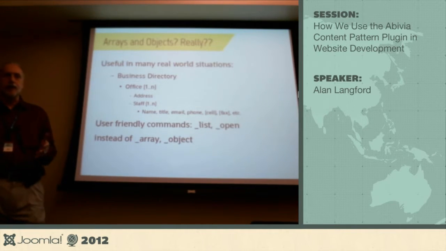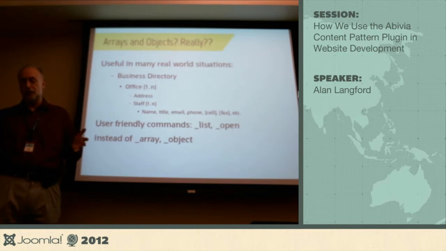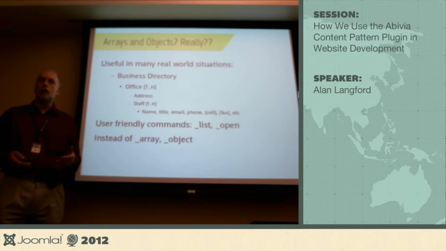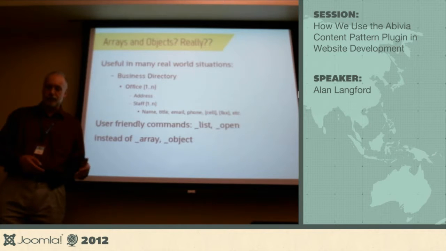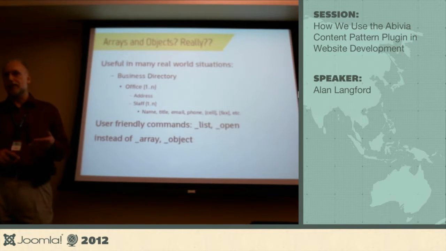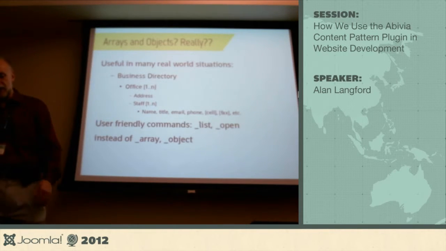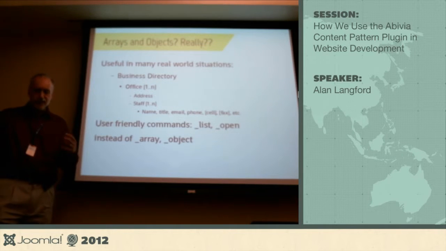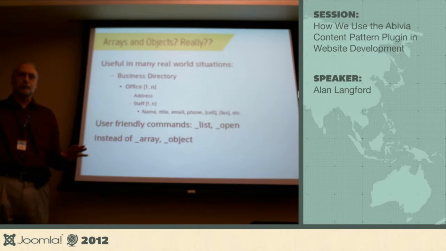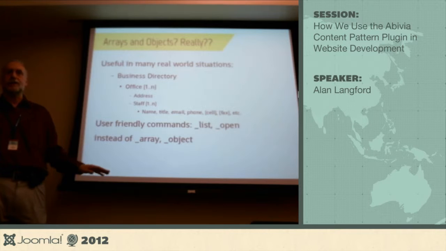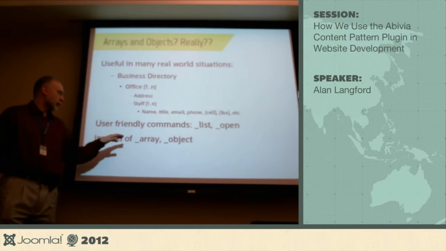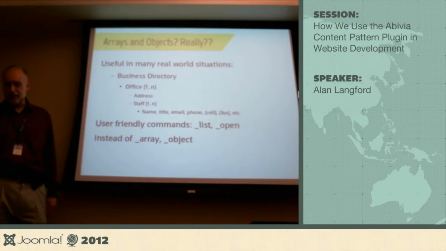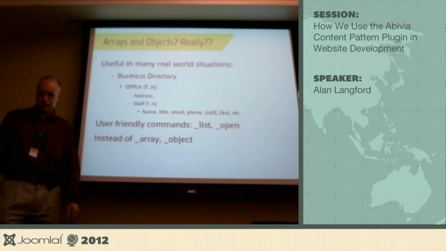The office then has an address, maybe a main phone number, and then 1 or more people who work there, and they in turn have a name, a title, an email address, other things that may or may not appear. So we used list and open close instead of array and object because we're trying to not introduce programming terms to somebody whose job is just to maintain a site that's been delivered. So trying to take the programming terms away and put in something that's at least human understandable.